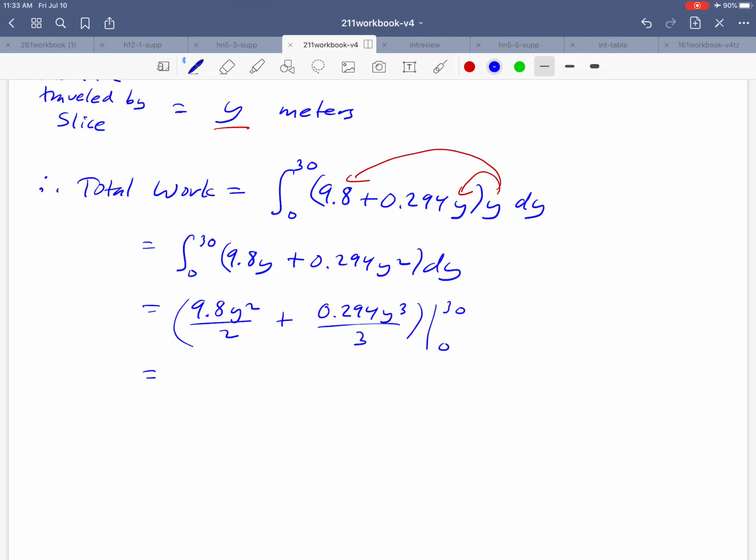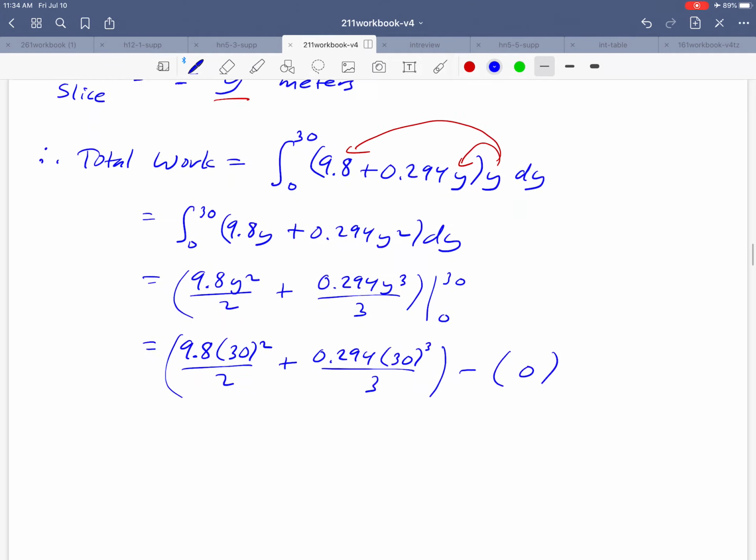The last step is to plug in our limits. We'll get 9.8 times 30 squared over 2 plus 0.294 times 30 cubed over 3, and that's our upper limit. If you substitute 0 in for the lower limit, you just get 0 for everything.